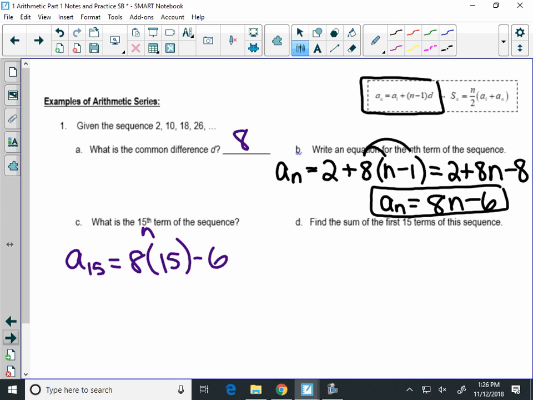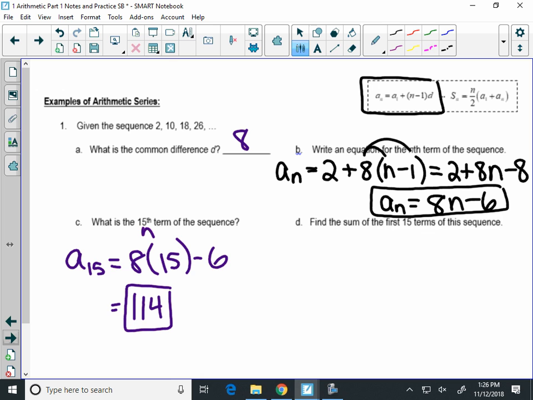So when you have your formula, it's pretty easy to go into your calculator and simplify. So can someone tell me what is the 15th number in order of this pattern? What do you got, Anna? 114. Good.